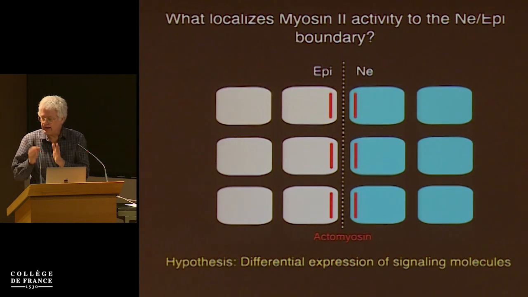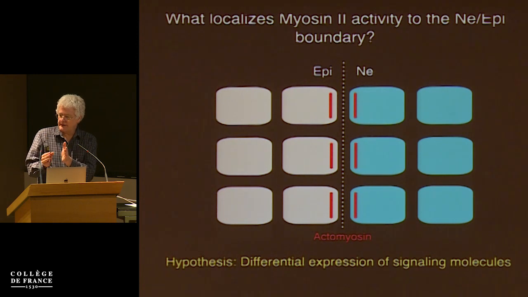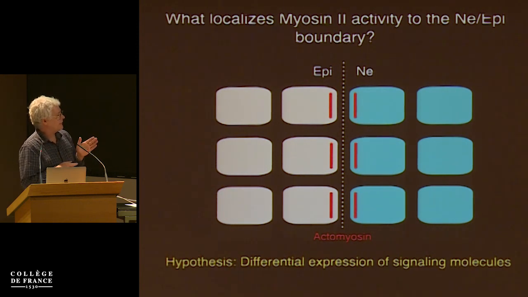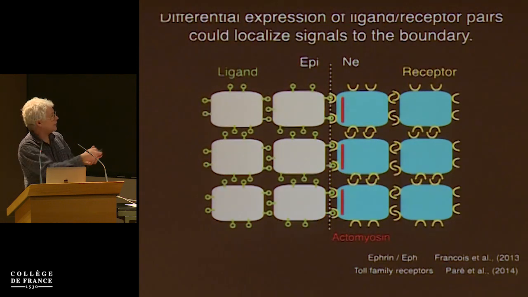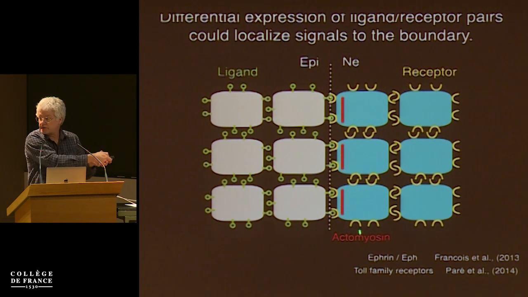So how do you localize myosin activity at this tissue boundary? Well, there are several different ideas about how this might work. The general idea is that there must be some kind of differential expression of signaling molecules on one side versus the other. So you could imagine, for example, if you put ligands on one side and receptors on the other, that you would localize signaling just to this boundary.